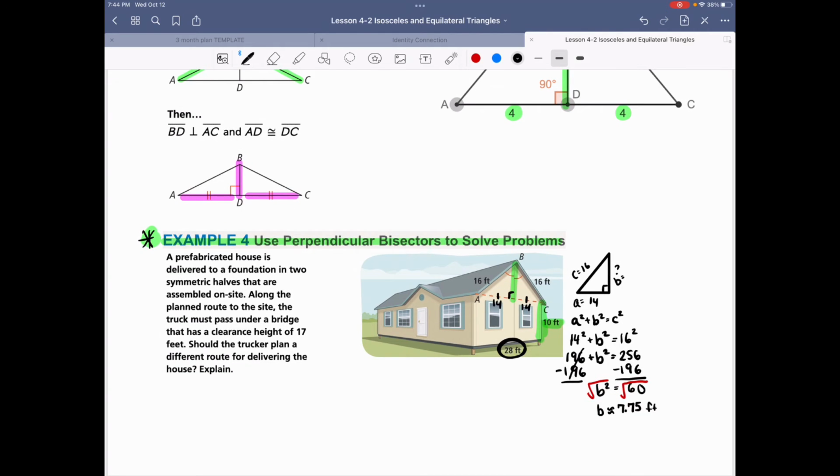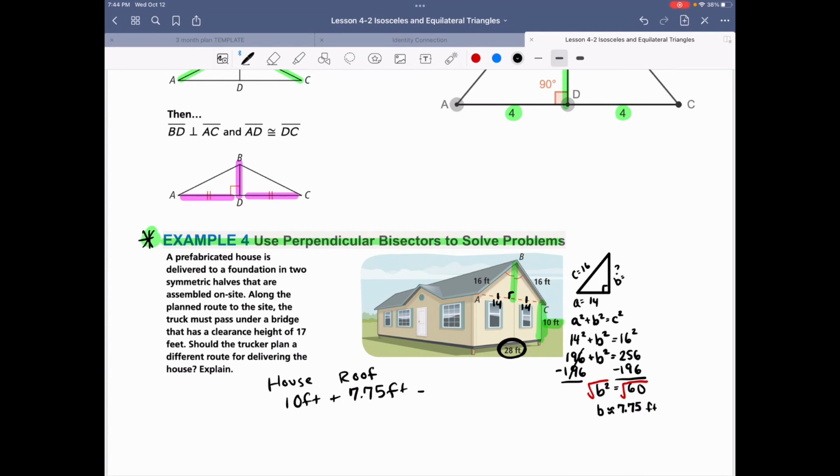They said that it's cut down the center of the house. They don't assemble the top separately. So the height of the house plus the height of the roof, the house is 10 feet. The roof is 7.75 feet approximately.